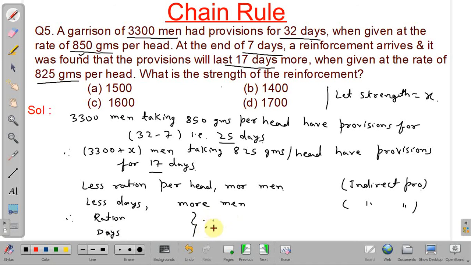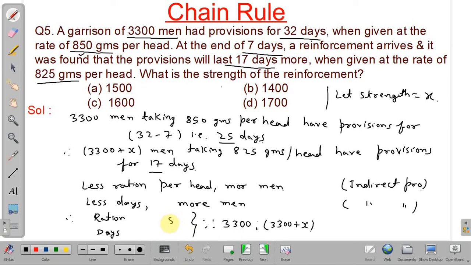So first case, number of men 3300. And second case, 3300 plus x. As number of men and ration are in indirect proportion, so in case of 3300, it should have rate of consumption 850 grams.